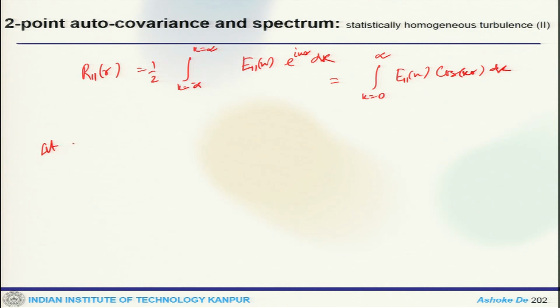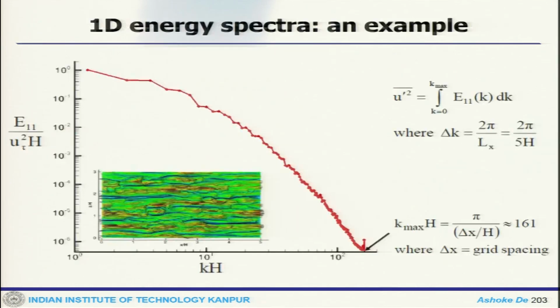At r equals 0, this would be the integral from k = 0 to ∞ of E11(k) dk. So this is an energy spectrum. E11 represents the distribution of energy over wave number space. The one-dimensional energy spectrum is twice the Fourier transform of the two-point autocovariance.